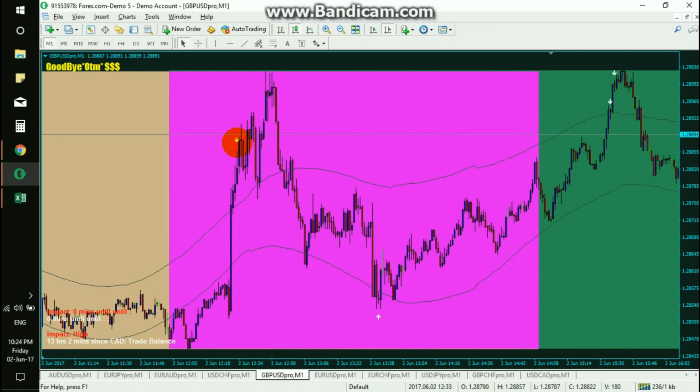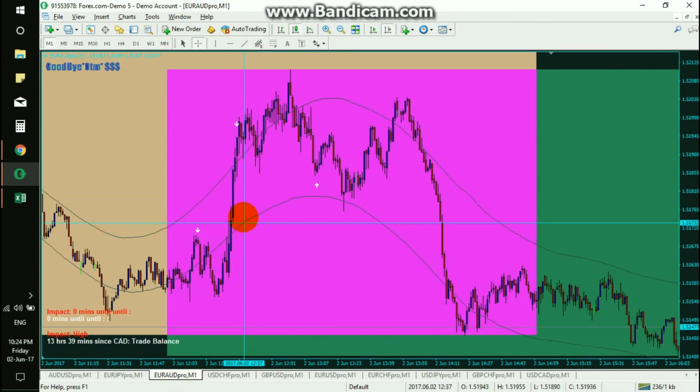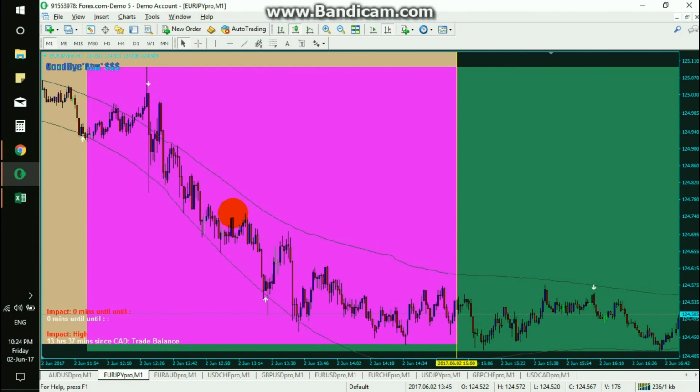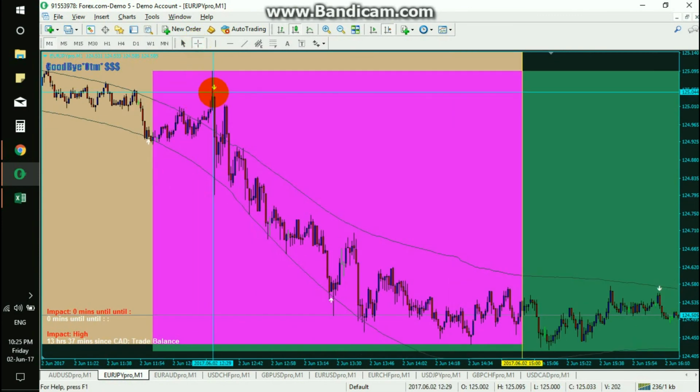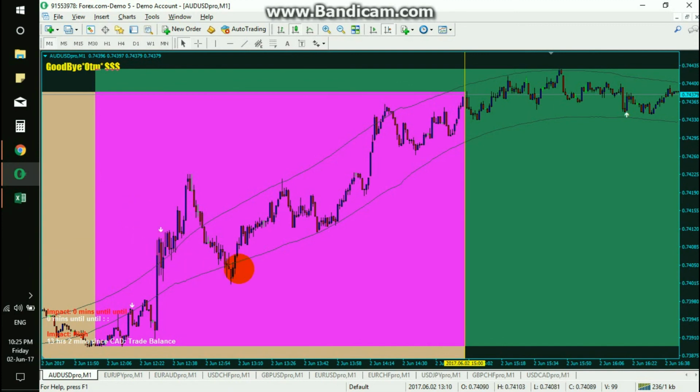I didn't trade today, but now I see the same spikes over there, and the same here, at the same time. Obviously now I realize that it was the NFP earlier. Here, same thing, crazy motions over there. It was the NFP also here.